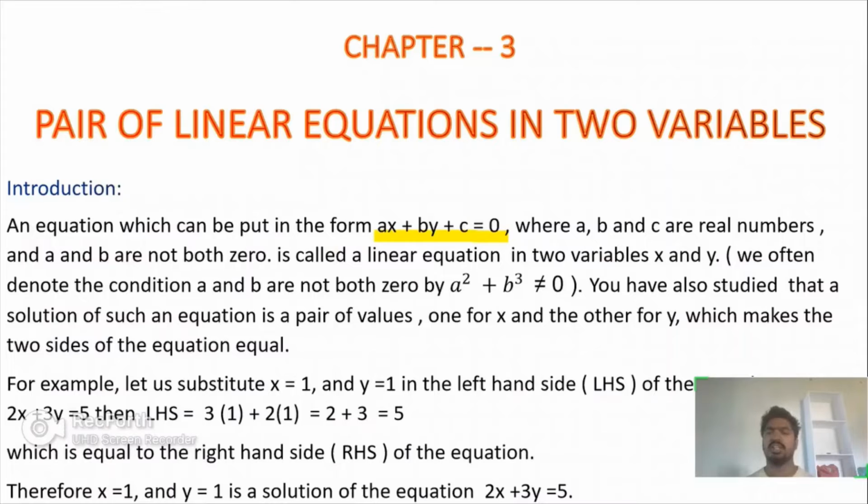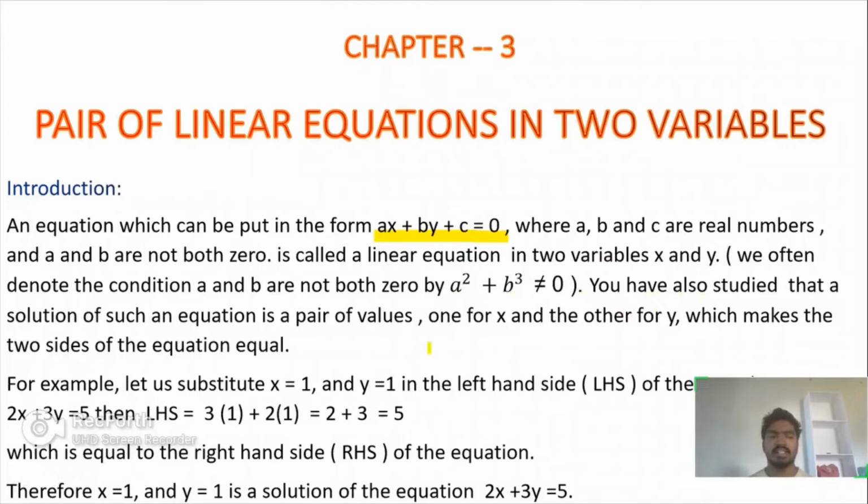C may or may not be equal to 0 based upon the given equations. We often denote the condition a and b are not both zeros by a squared plus b squared not equal to 0. So we can represent it in the mathematical form as a² + b² ≠ 0.